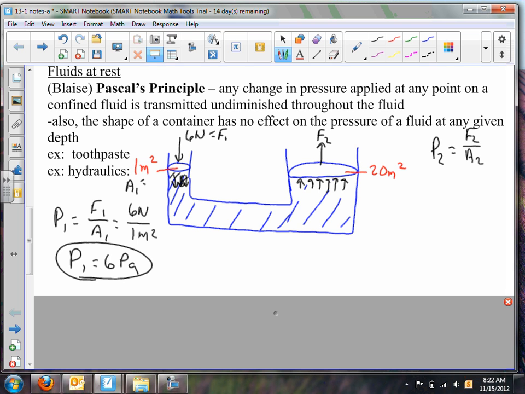I know the pressure is the same, 6 pascals. It's undiminished throughout. I don't know what this force is, so my area, which was 20, goes right there. I can cross multiply and find my force would be 120 newtons.